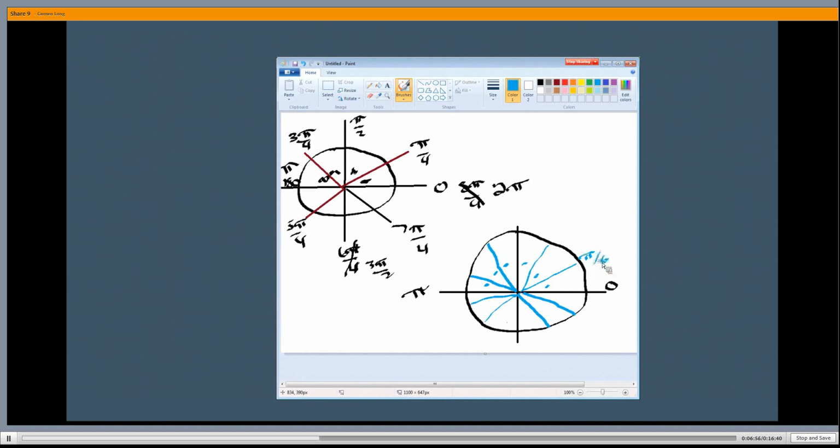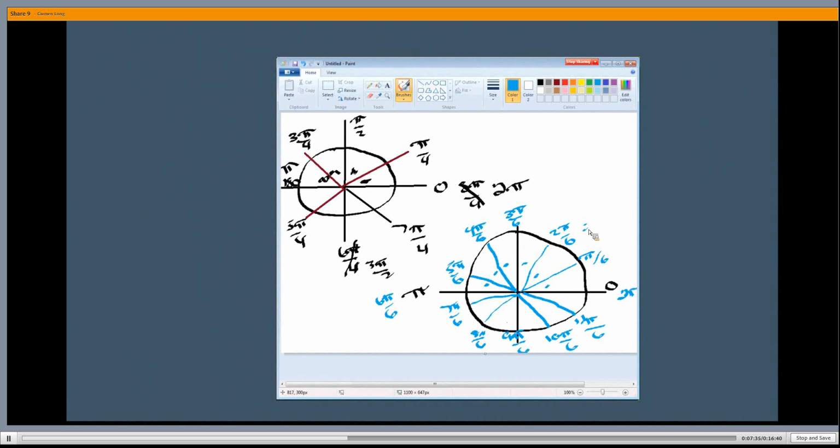So my first one's going to be 1 pi over 6, then 2 pi over 6, and of course we would reduce that, then 3 pi over 6, and again reduce it, 4 pi over 6, and reduce it, 5 pi over 6, and then 6 pi over 6, which is just pi, 7 pi over 6, 8 pi over 6, and then of course we're going to reduce, and then 9 pi over 6, 10 pi over 6, 11 pi over 6, and then 12 pi over 6, or 2 pi.